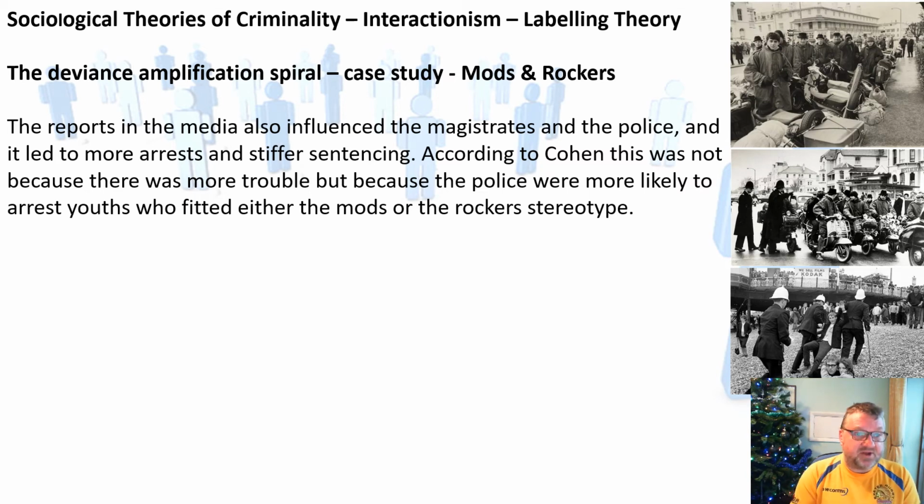It was simply because the police were more likely to arrest youths who either fitted the stereotype of mod or the stereotype of rocker, because they've been labelled as troublemakers, they've been labelled as clearly going there for a fight, and so there you are. The police are then arresting them because they are labelled, they're stereotypes. They may not have done anything wrong, but because they're then being arrested, the spiral continues.